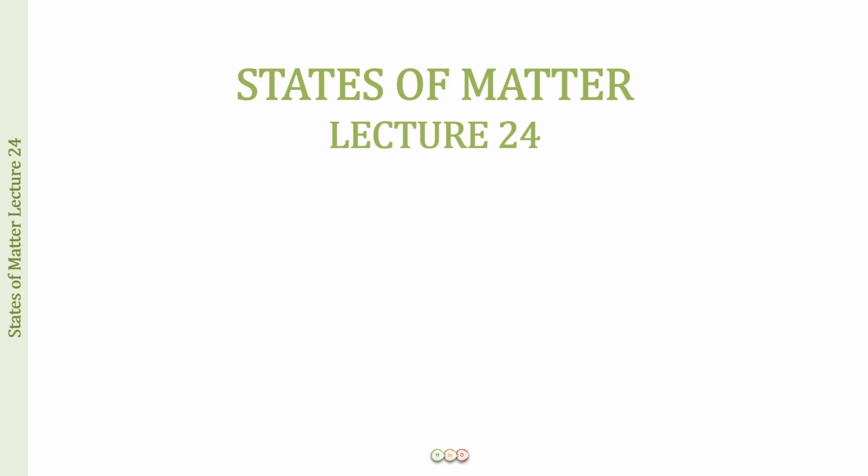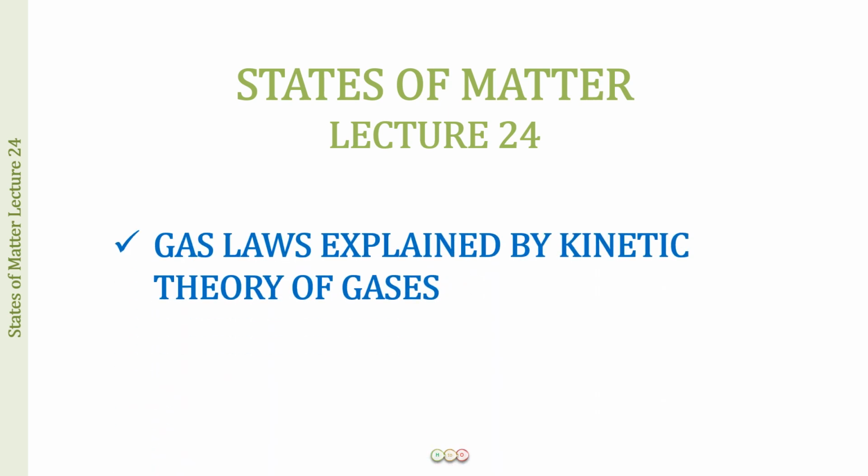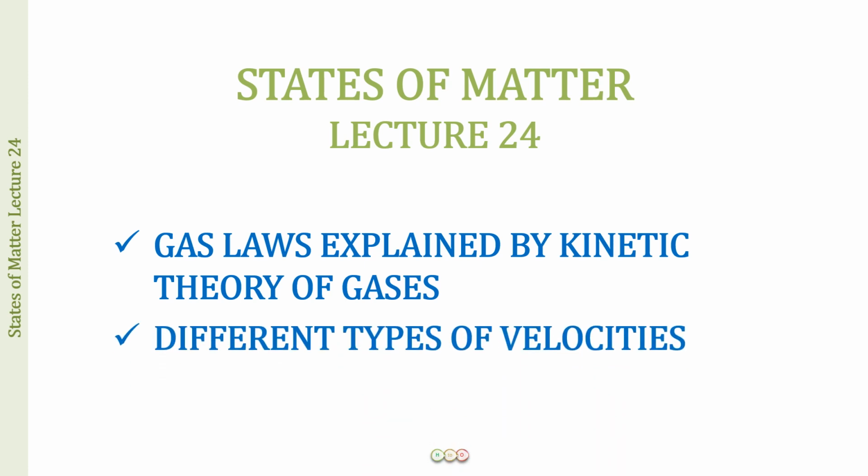So the kinetic molecular theory of gases was the theory that gave us an inside story, the story of how the molecules behave in gases to give us the various relations as we saw for the various gas laws. So today in this lecture, we will be developing an understanding of how the gas laws can be explained by the kinetic theory of gases, and then we will be talking about another very important topic, the different types of velocities.